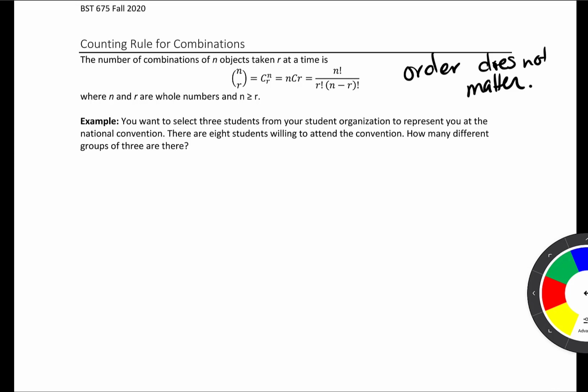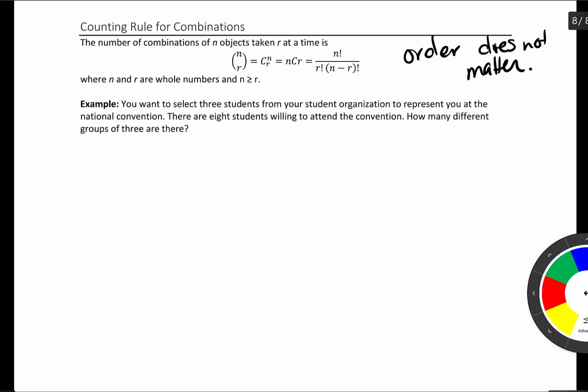So kind of keep this in the back of your mind. So the number of combinations that n objects can take r at a time is what we call n choose r. And you'll notice that the formula is very similar to the permutations, but the difference is this piece right here. So that r factorial in the denominator, that's what's going to get rid of the order.